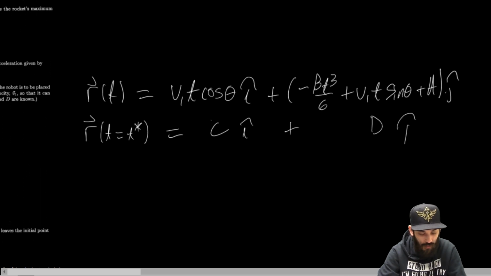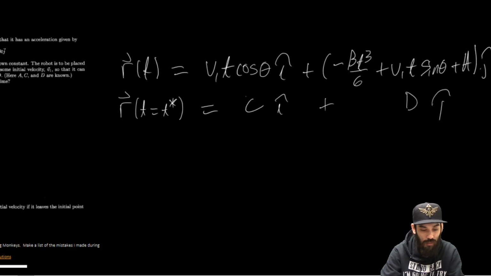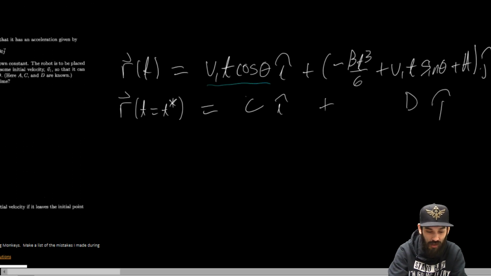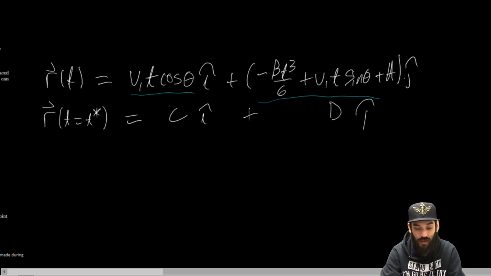Now this means we're going to take the function above this line, take the x term, evaluate it at t star, take the y term, evaluate it at t star, and the x term is going to be equal to c when evaluated at t star. The y term is going to be equal to d evaluated at t star.